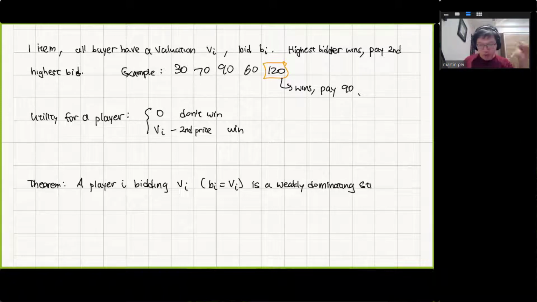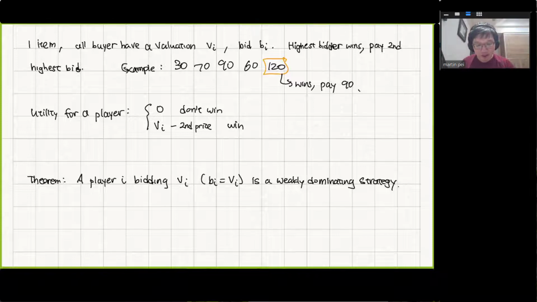If you just bid what you think the item is worth, then that is going to be equal or better than what you would have done otherwise. So you don't need to think about what you want to bid. You just bid what you think it's worth to you.